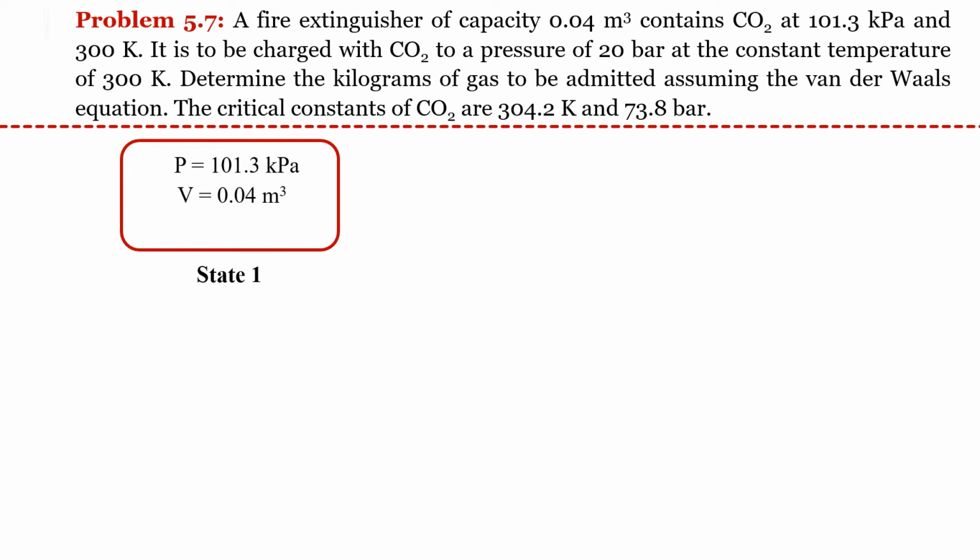Also the volume is mentioned, that is 0.04 meter cube, and the temperature is also mentioned, that is 300 Kelvin. But we don't know the initial number of moles of CO2. It means n1 is not known.